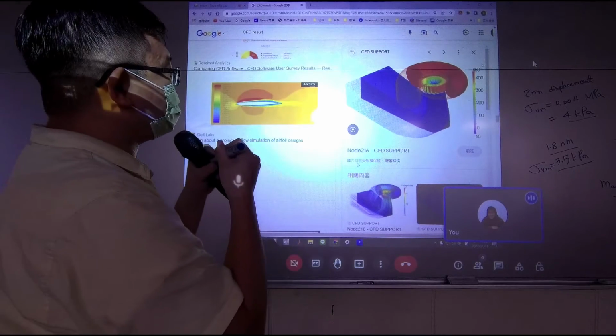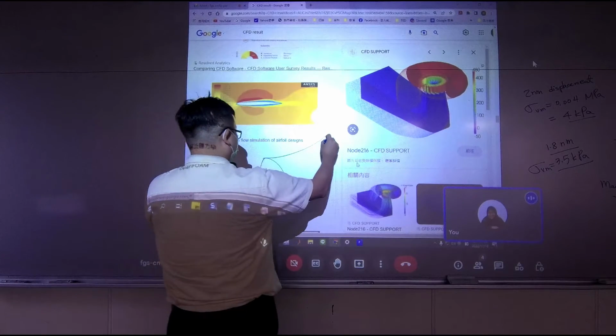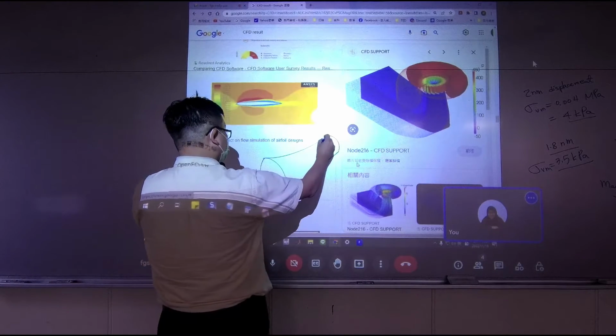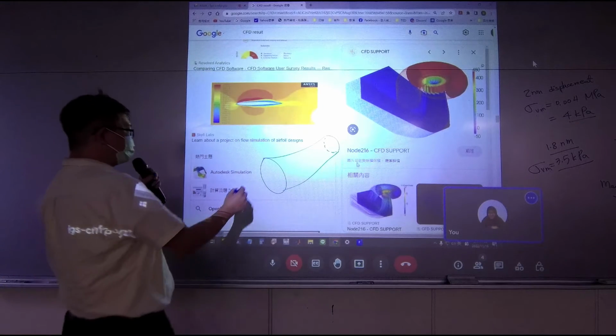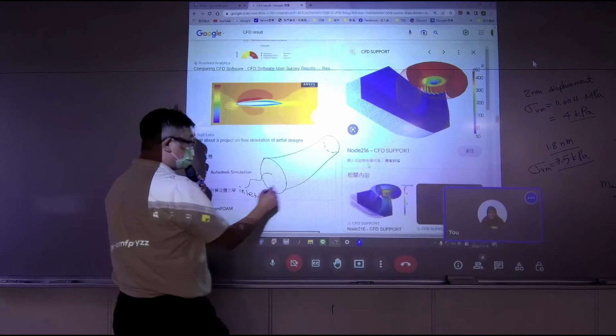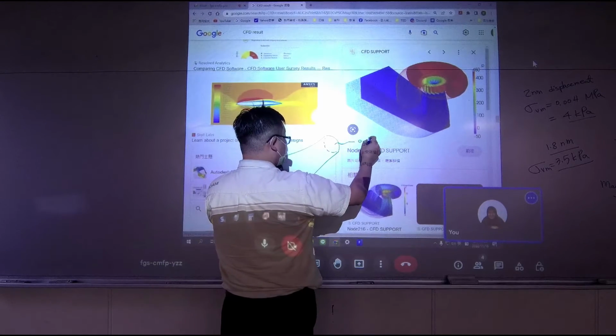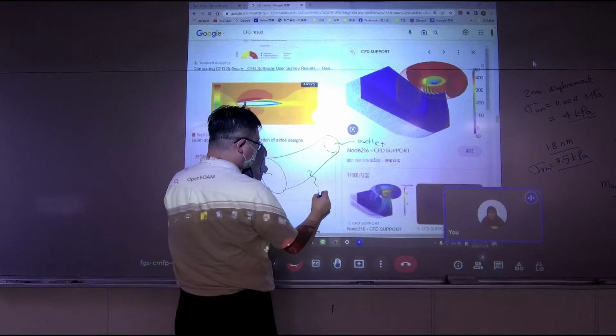But usually what happens is, if you have a fluid domain, for example like this, you need to tell the computer the boundary conditions. For example, this could be inlet, and this could be outlet, and this could be the wall.